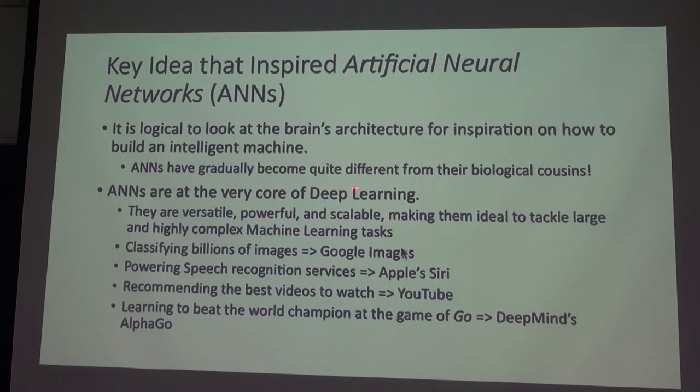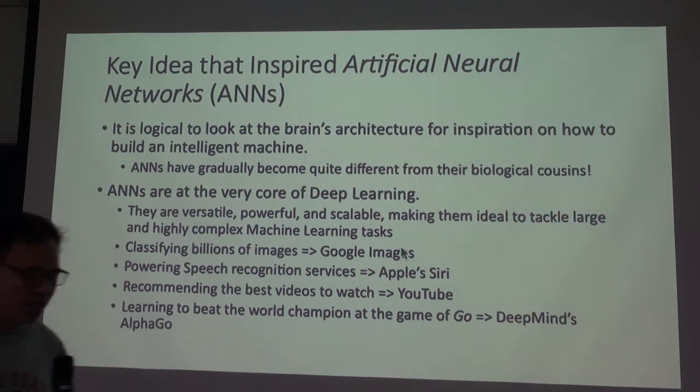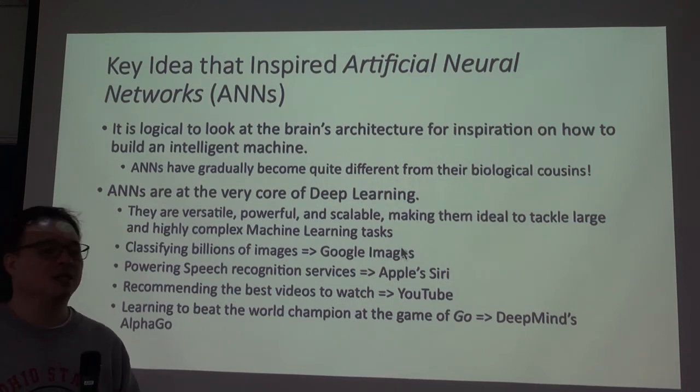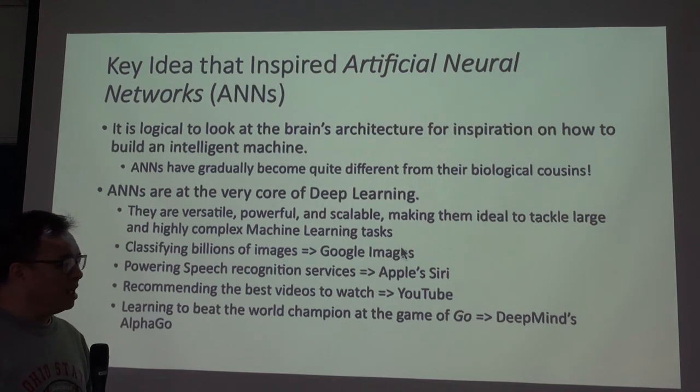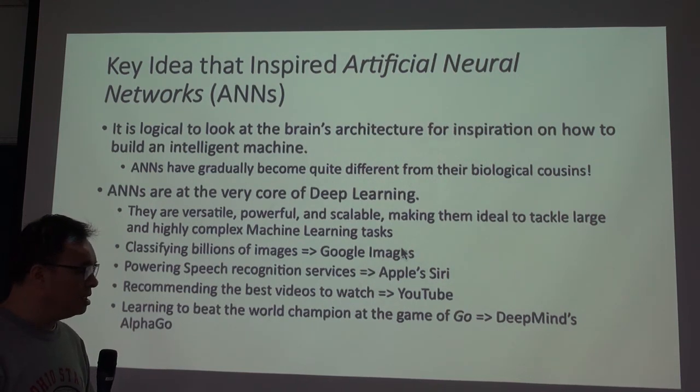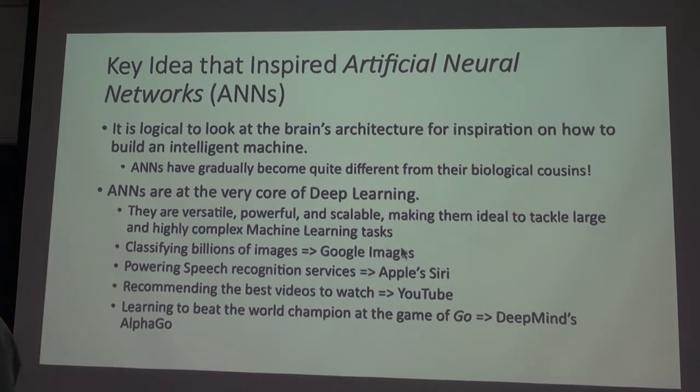It's now very different from the biological brain, because it has been found that a couple of key differences, if the AI is set using different functions, different settings, then it's going to perform much better.